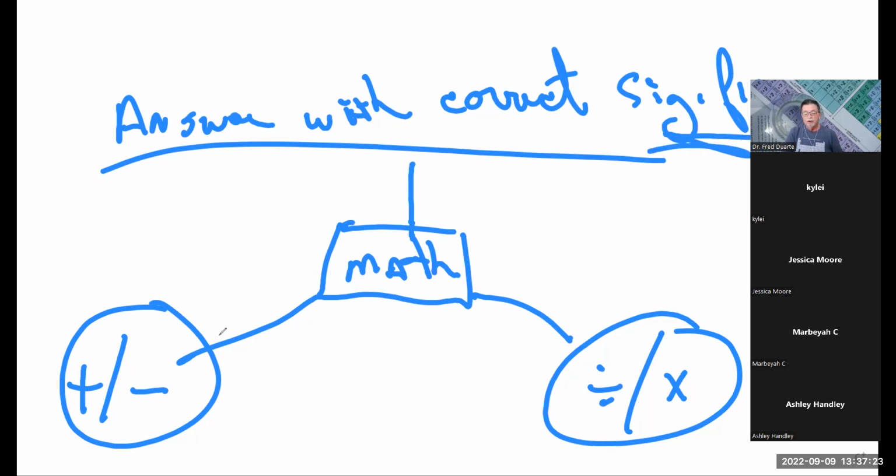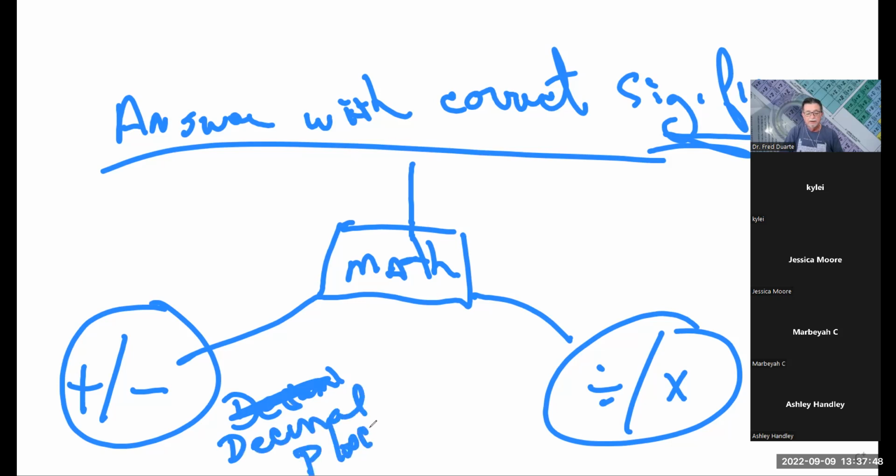Now, if the question requires you to add and subtract, then we're not looking at Sig Figs. We are focusing on decimal places. That is what you need to focus on.